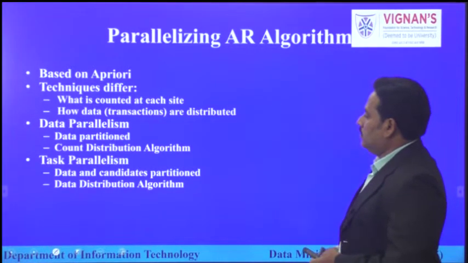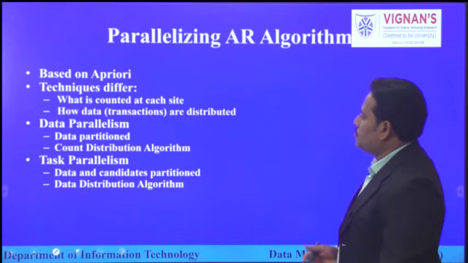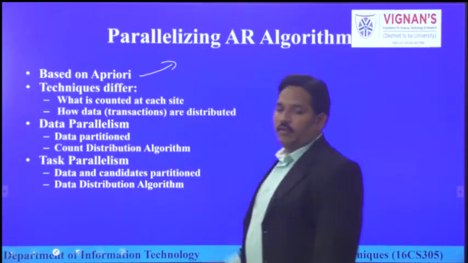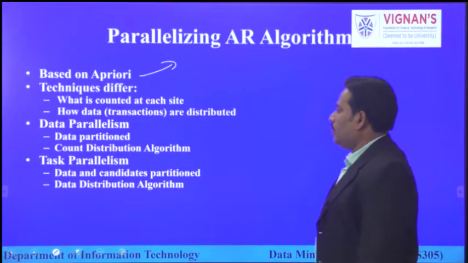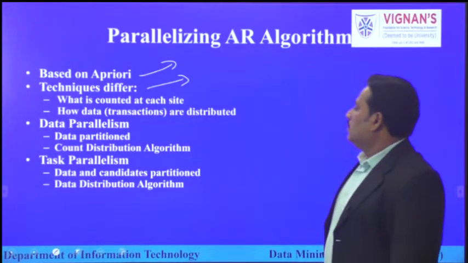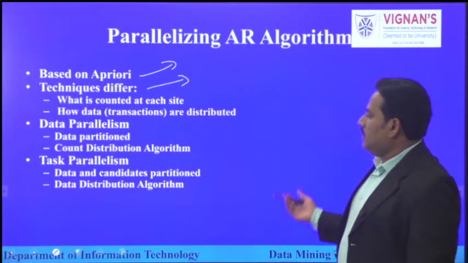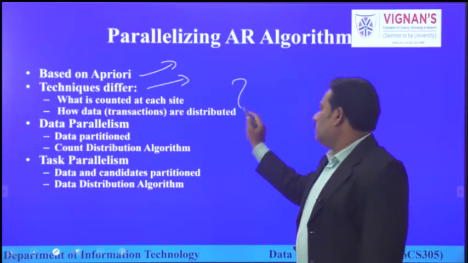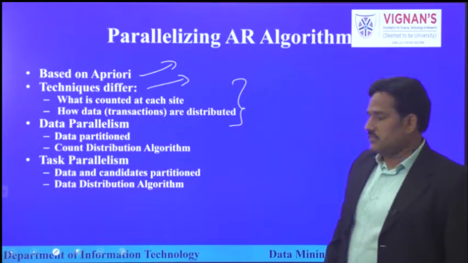So, what is happening in the parallelized approach? The basic concept of the algorithm is that we are adopting only Apriori. What differs technically? What is counted at each site, and how data is going to be distributed, or we can take these as challenges.